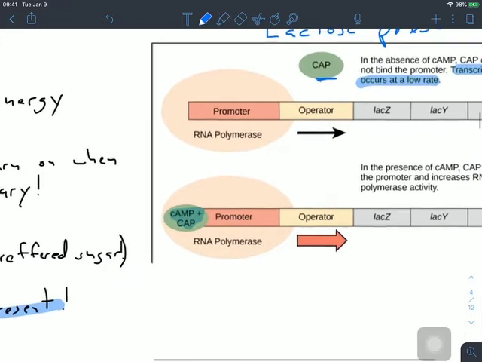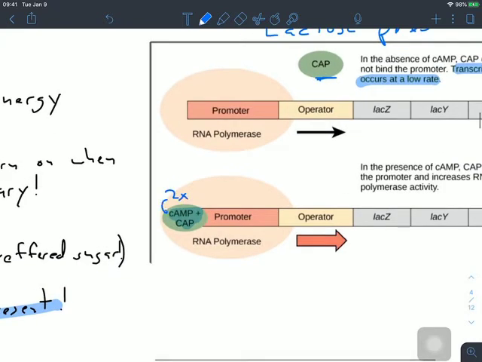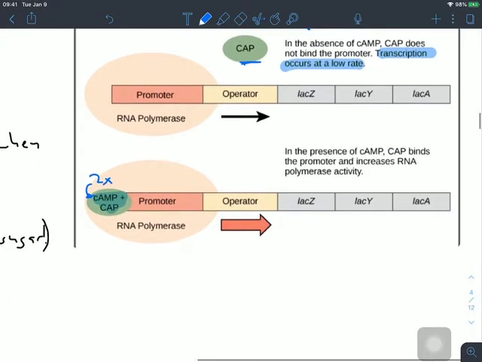And remember, it's 2 cAMP per CAP. You have this really good recruitment at the promoter, so the RNA polymerase is starting to make a whole bunch of lac structural genes in order to harness that energy present in the lactose.